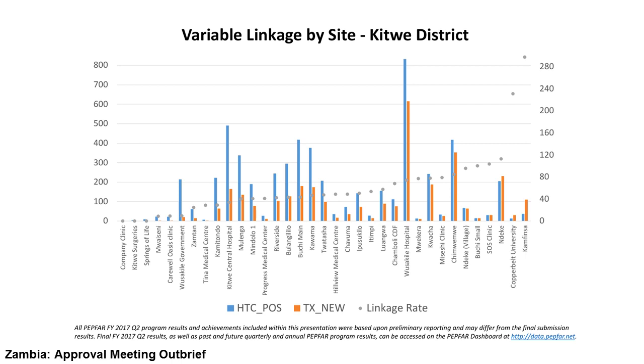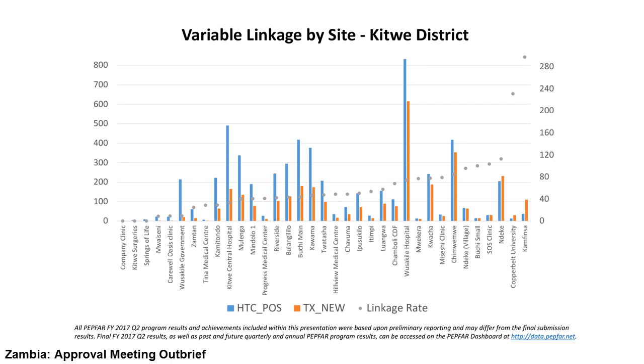This is an example from Zambia. Here, again, the chart works basically the same way. The blue bars are scaled according to the axis on the left, and they represent the number of positive people identified. Now this one is by site.